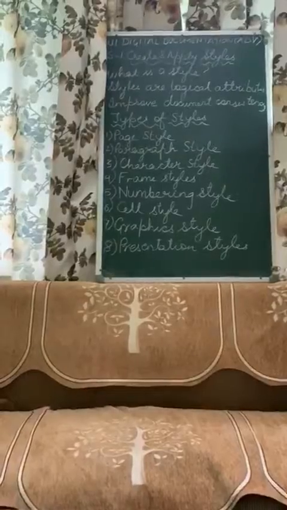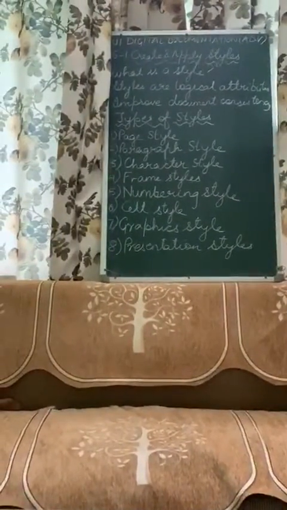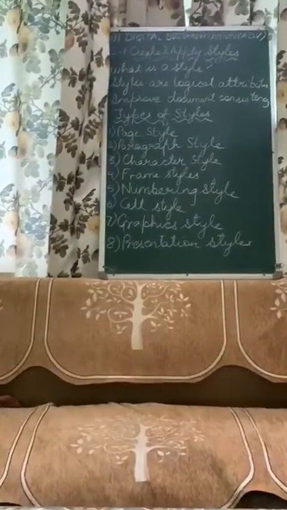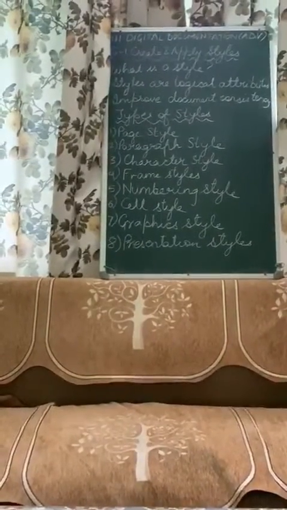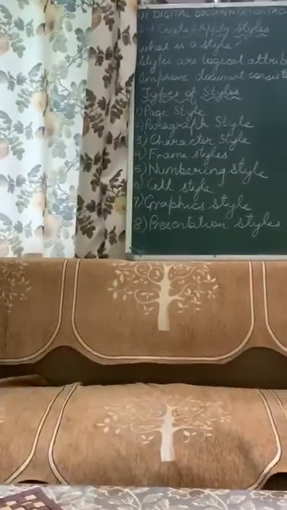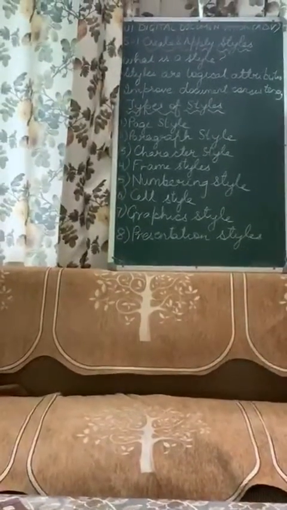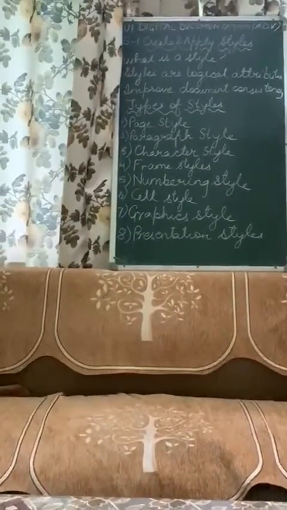Then next is your character style. It will affect the selected text within a paragraph. For example, the font and size of the text, or bold, italics or underline formats. So that will be emphasizing the text that is contained within the paragraph.